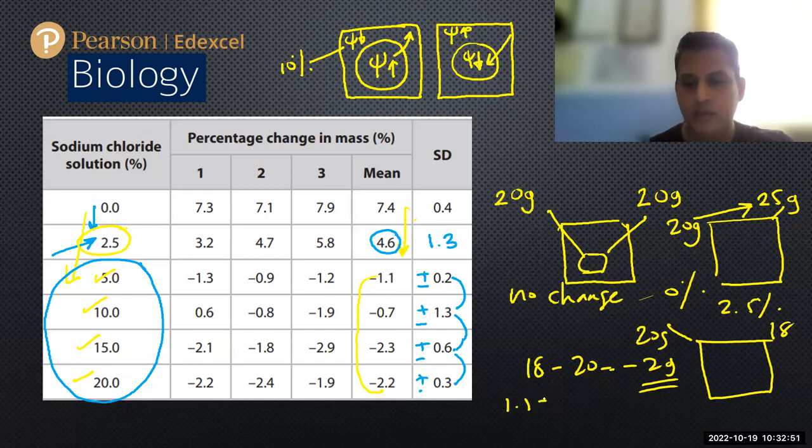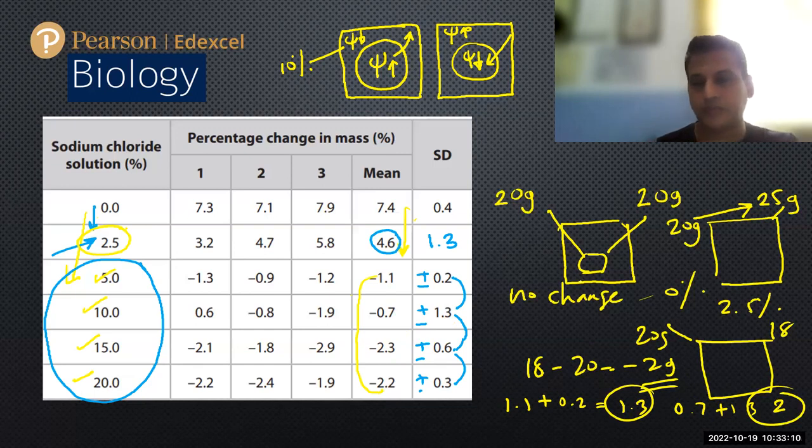If I add 0.2, we get 1.3. And I take the next number, 0.7, and the highest is 1.3. So if I add 1.3, this value is 2. So 1.3 and 2.